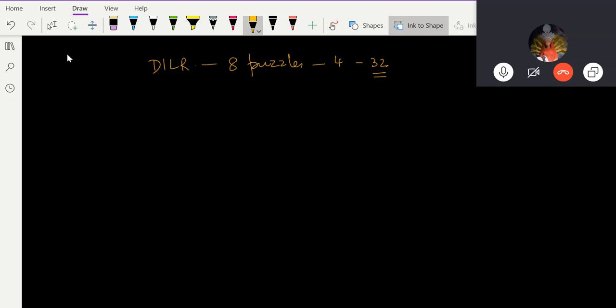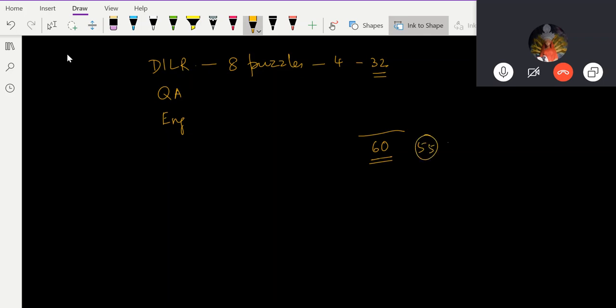The next one is quants, and English is supposed to be relatively easier. Which means that you just have to make sure that you attempt around 60 and get around 50 to 55 correct.